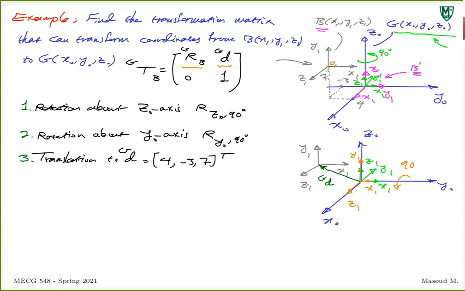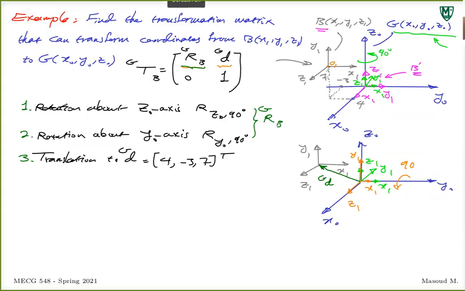You write the vectors in this direction. So once you know that, you can actually write this. Now, this rotation matrix right here comes from these two rotations. So you have to find the rotation matrix first, and whatever that is after these two rotations, and then plug it into the transformation matrix.